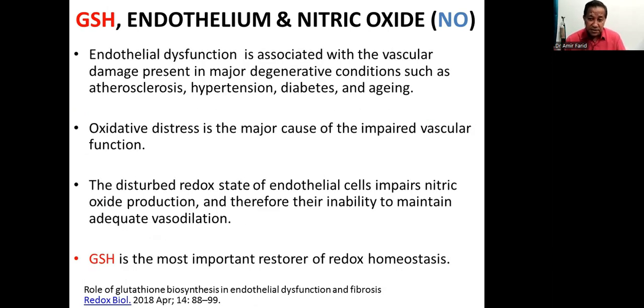Endothelial dysfunction is associated with the vascular damage present in major degenerative conditions such as atherosclerosis. We have discussed a lot about atherosclerosis because that's where the main issue about endothelial function comes in. But not just atherosclerosis, even hypertension depends on a healthy endothelium.